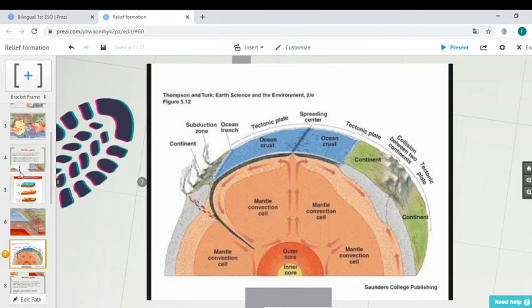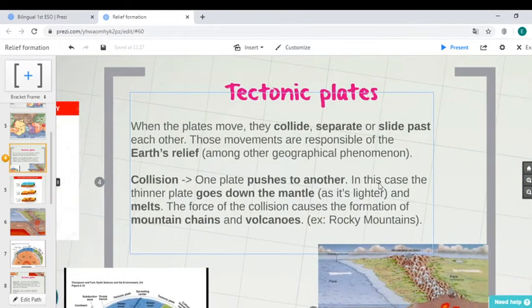When this plate penetrates into the mantle, it melts. So in the inner layers of the Earth, the pressure and heat are huge. So this small layer will start melting and becoming part of the semi-solid combination of materials in the mantle.